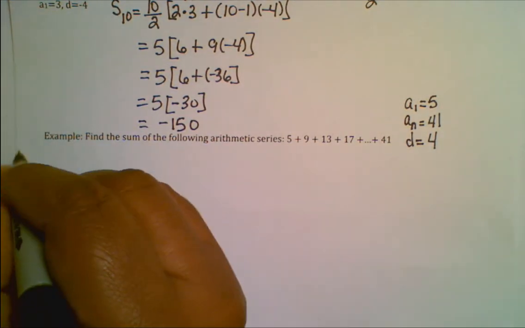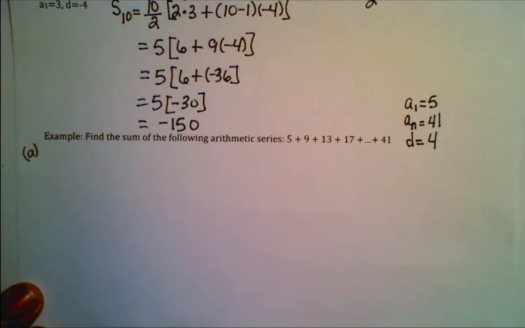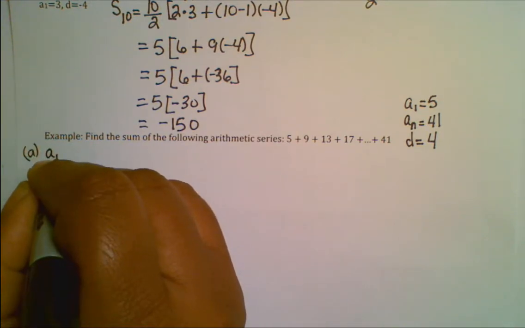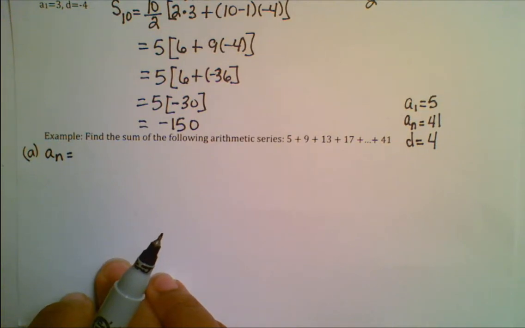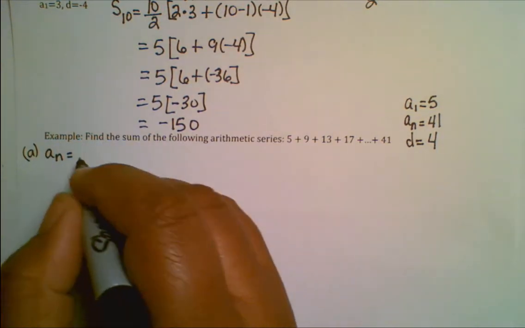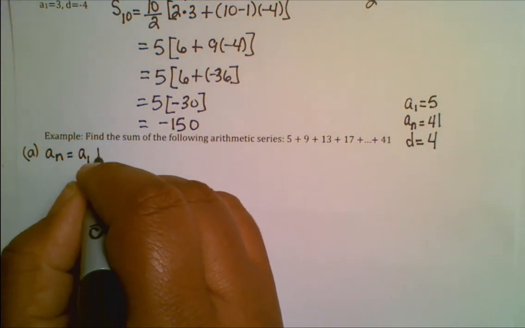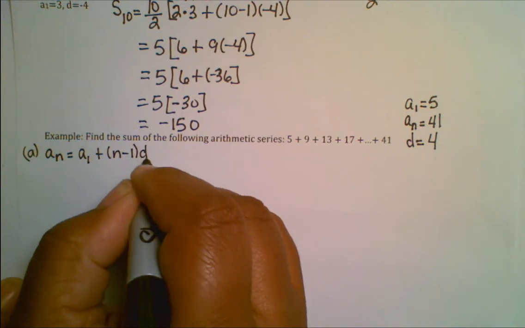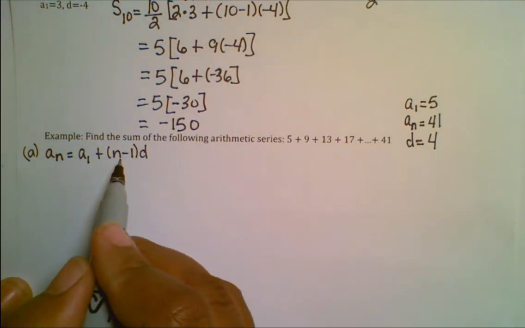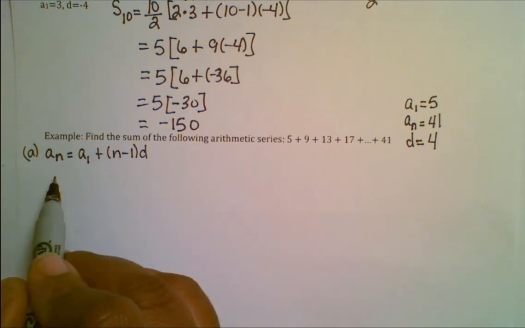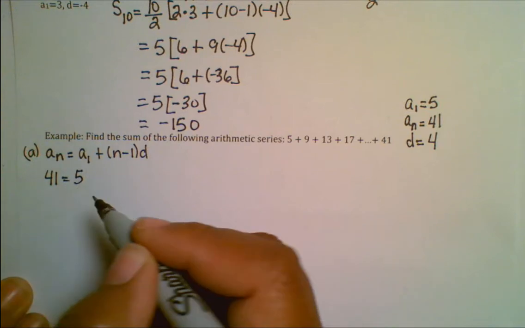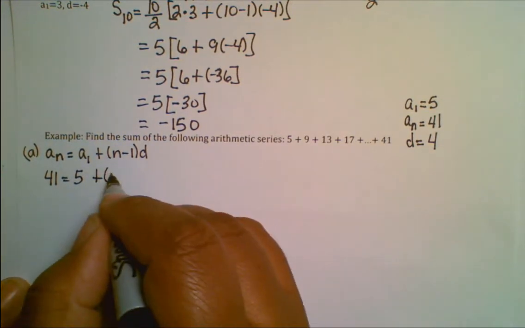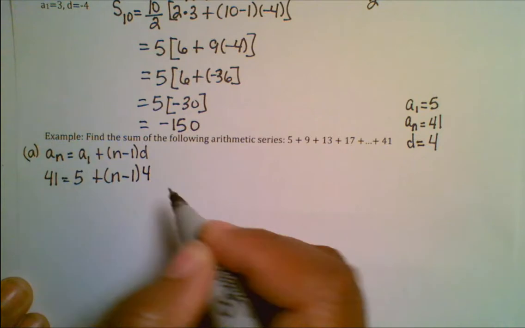So the first formula that we're going to use, we're going to go back to the previous formula, the one for the nth term of an arithmetic sequence. So a sub n is equal to a sub 1 plus n minus 1 times d. And we want to find n. So we have a sub n, that is 41, equals the first term, 5, plus n minus 1 times 4.